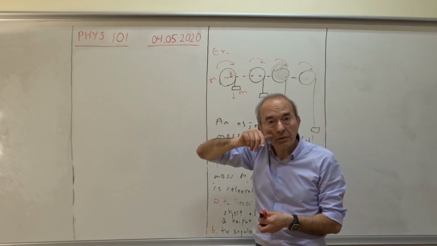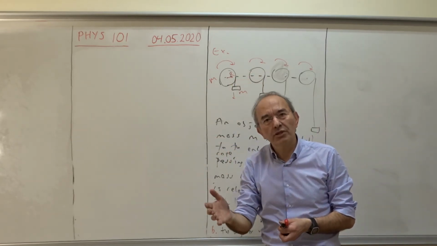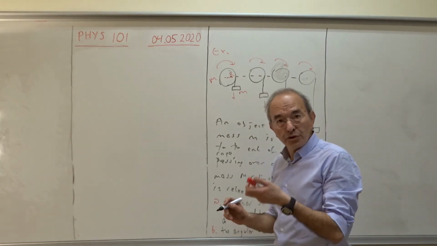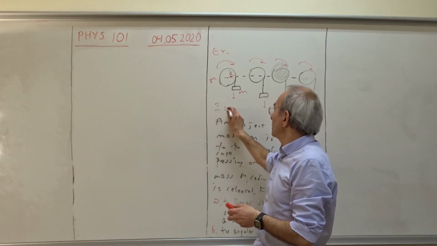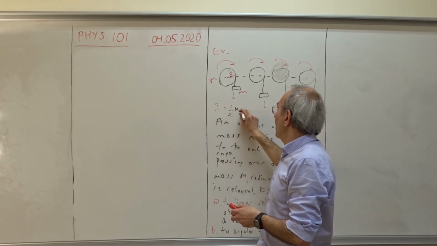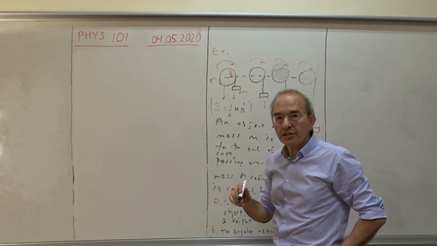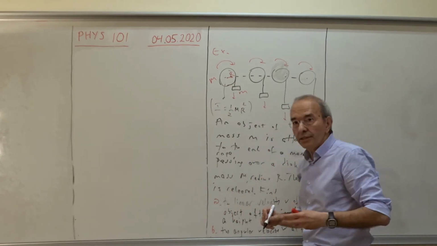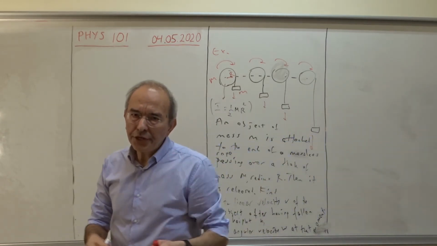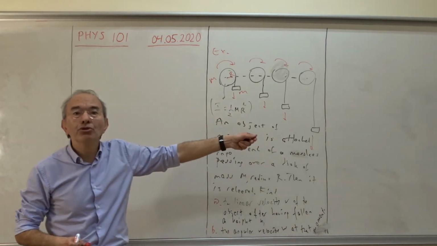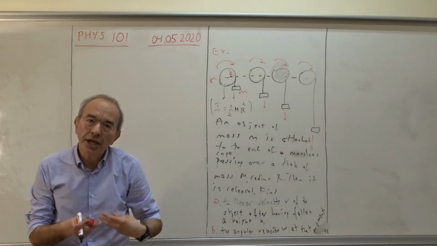The disk is not going anywhere, but the disk will have some angular speed omega, and that's some rotational kinetic energy, 1/2 I omega squared. Of course, the problem should give you the inertia for the disk. You don't have to memorize. I is equal to 1/2 m r squared for the inertia of the disk. The other object has some linear kinetic energy, and also because of a falling motion, its potential energy will change.